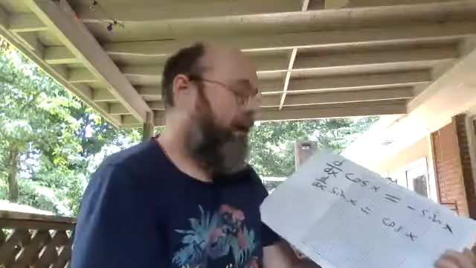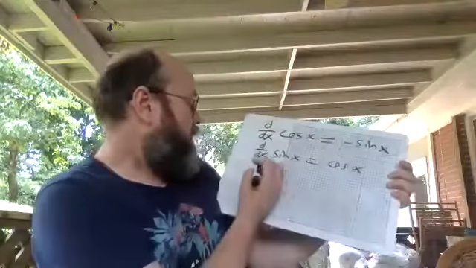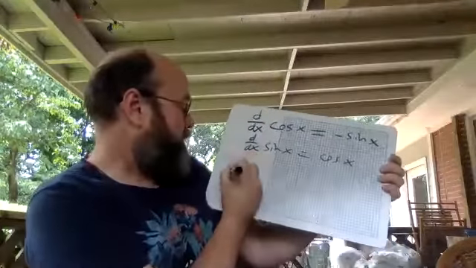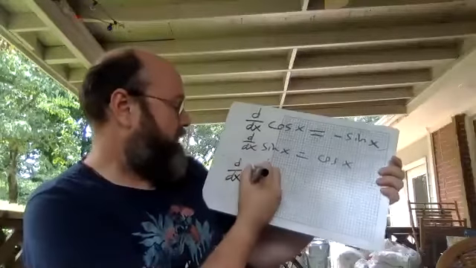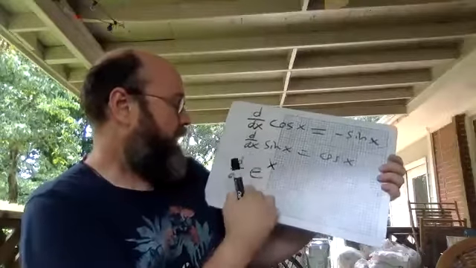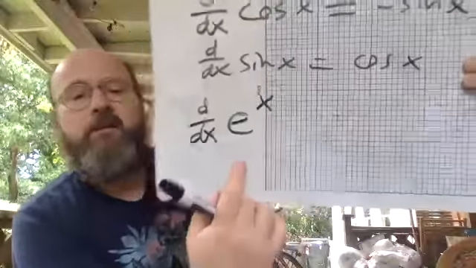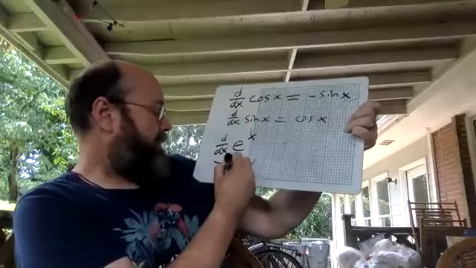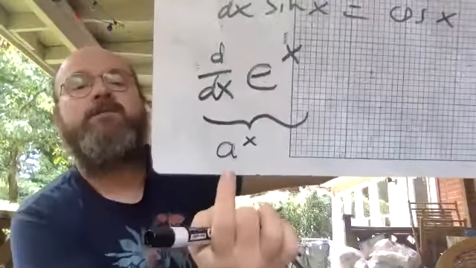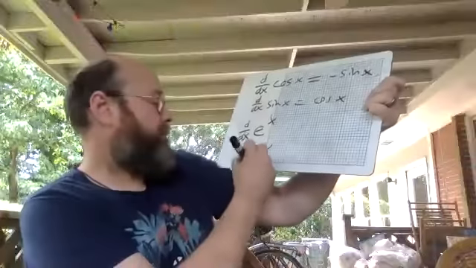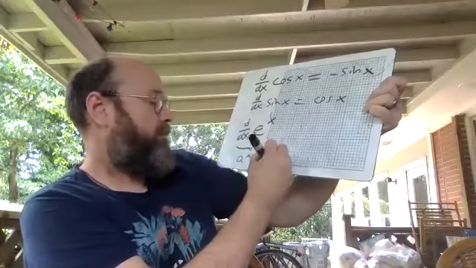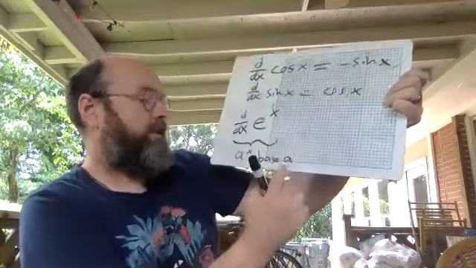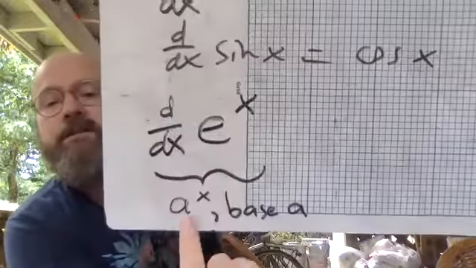Okay. Other cool derivatives, of course, are things like the derivative of the exponential function, e to the x. Remember, when you look at a to the x, this is an exponential function with base a. A is some number in this case.